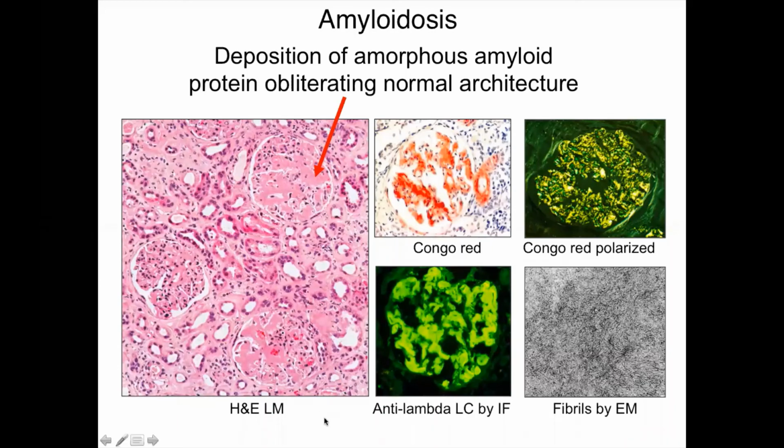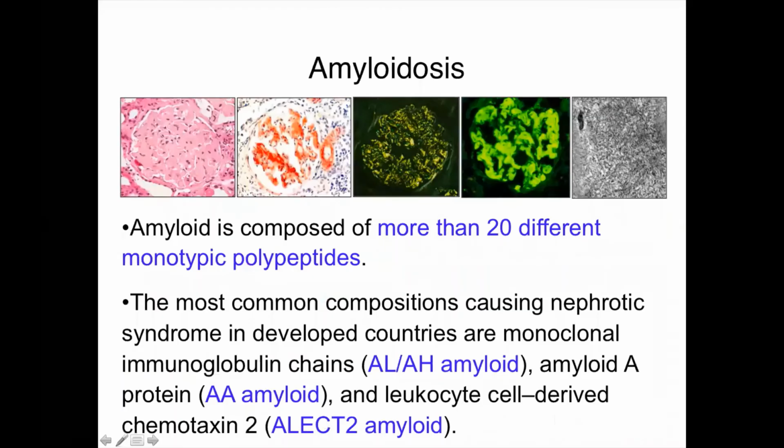Okay. Right. Okay. We talked about the compositions of AL and AH amyloid, light chain or heavy chain, AA amyloid which is due to prolonged infections. There are many types of amyloid.